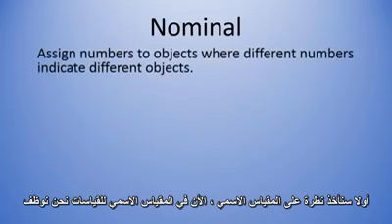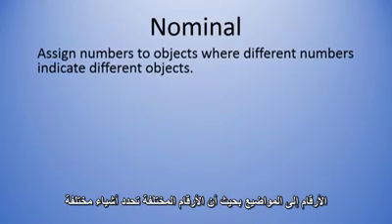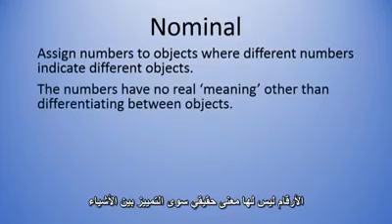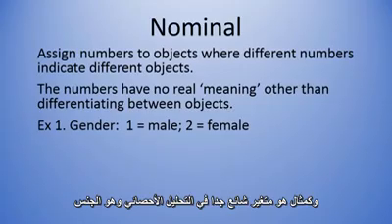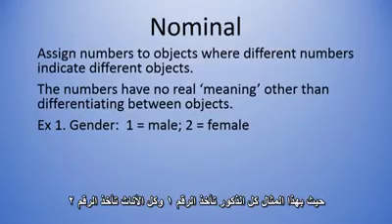In a nominal scale of measurement, we assign numbers to objects where the different numbers indicate different objects. The numbers have no real meaning other than differentiating between objects. As an example, a very common variable in statistical analyses is gender, where all males get a 1 and all females get a 2.